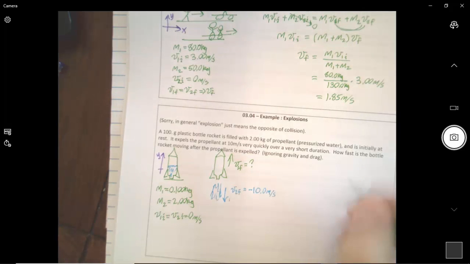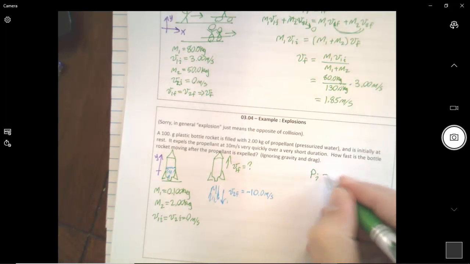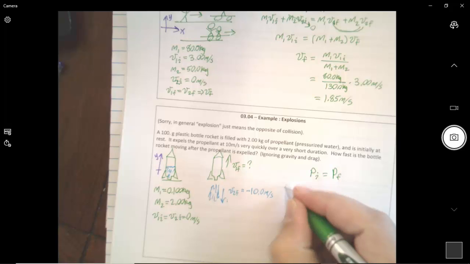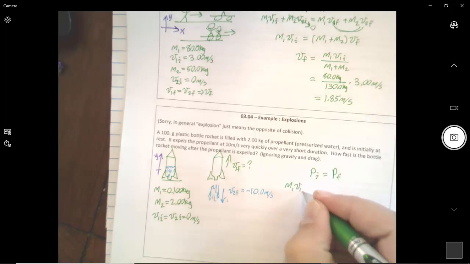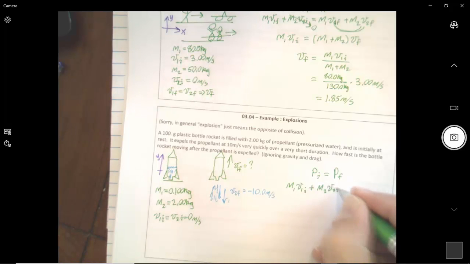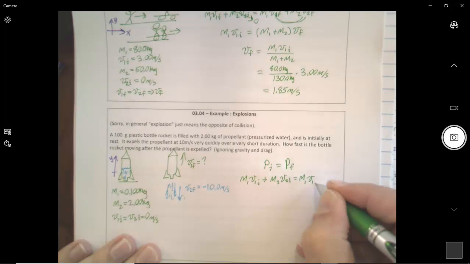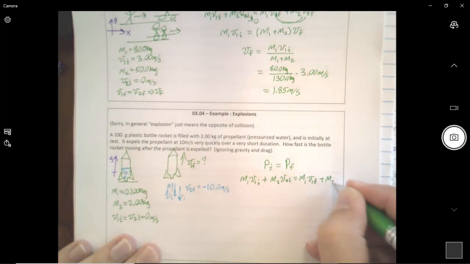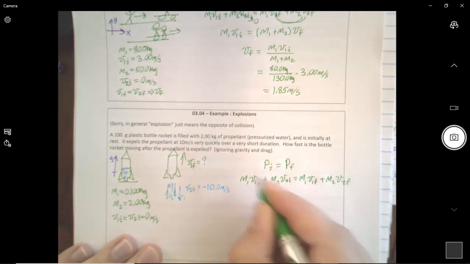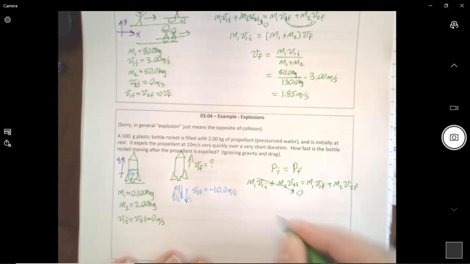Okay, so let's put this all together. We're going to still use our PI is equal to PF, and so we have M1 V1I plus M2 V2I equals M1 V1F plus M2 V2F. The whole left side is equal to 0 because both the VI's are equal to 0.